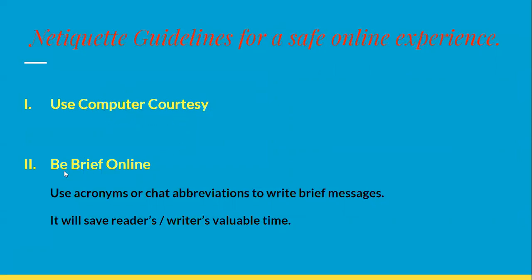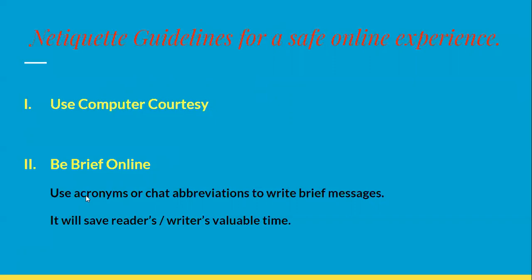Rule number 2, be brief online. Be brief online means we should not write long stories because the readers also don't have much time. It is a wastage of the time of the writer and the reader both, and their time is very valuable. We are using the internet and mail to save our time, so our message should be brief.